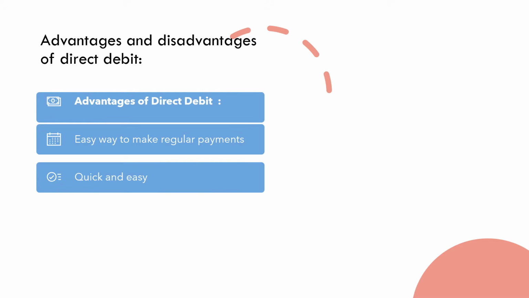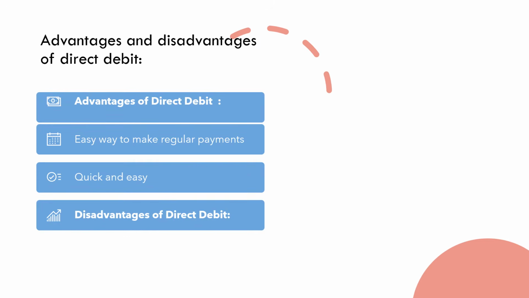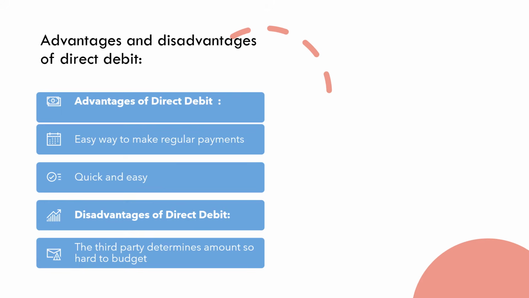It's quick and easy. However, the disadvantages of a direct debit are that the third party determines the amount, so it's very hard to budget. So the third party will determine how much money comes out of your account each month or each time you pay, which means that you don't exactly know the amount that's going to be taken, which means that you can't budget around that.